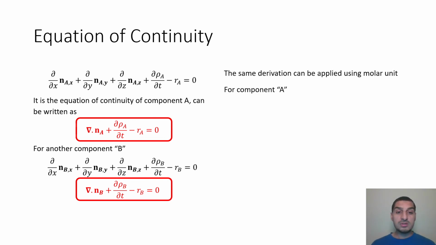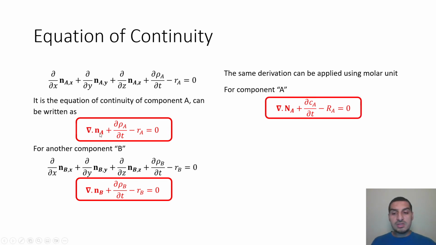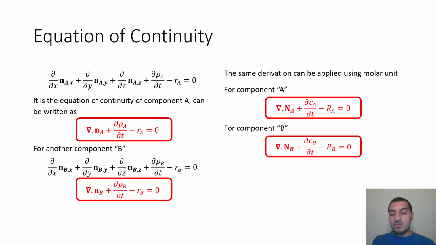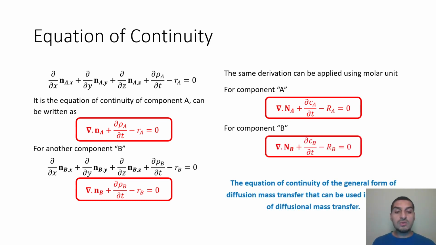So for the molar units, it's going to be NA, which is the uppercase N, and then C instead of rho, and the uppercase R instead of the lowercase r, and the same for component B. So this equation that we see here, or the four forms of the equation that we see here, is called the continuity equation or equation of continuity, and it is the general form of the diffusional mass transfer and can be used in any case.